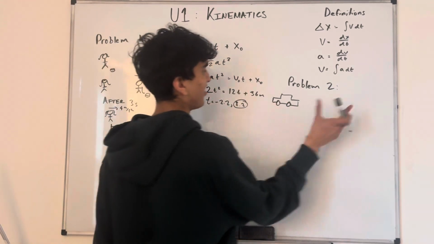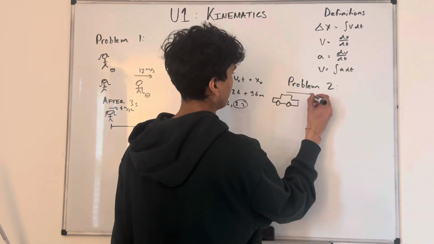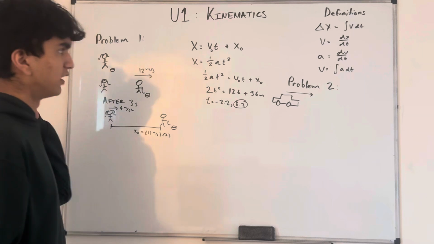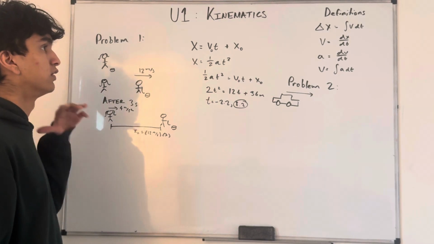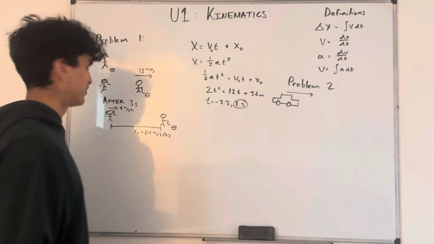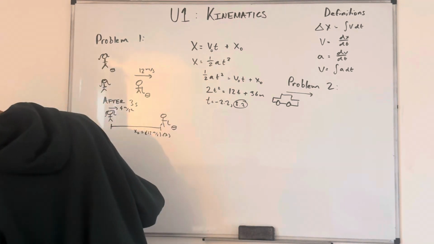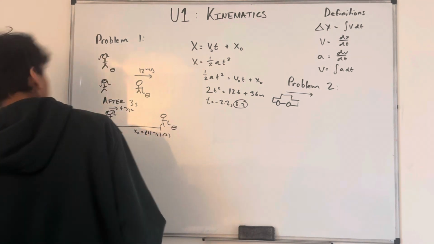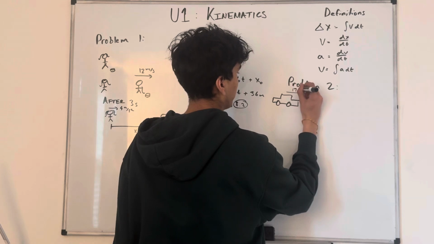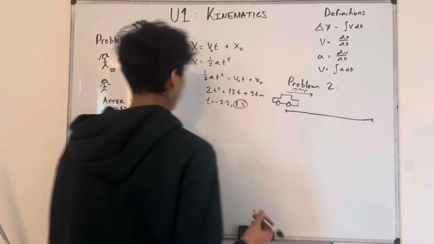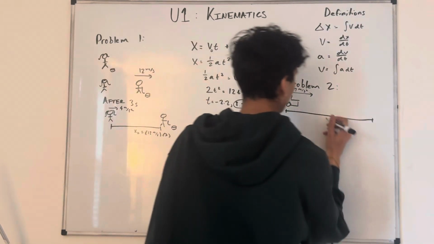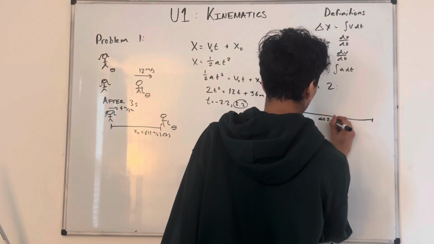So this car is going to accelerate. Let's say it accelerates, I wrote this down somewhere in my notes, 17 meters per second squared for about 402 meters. So 402 meters.